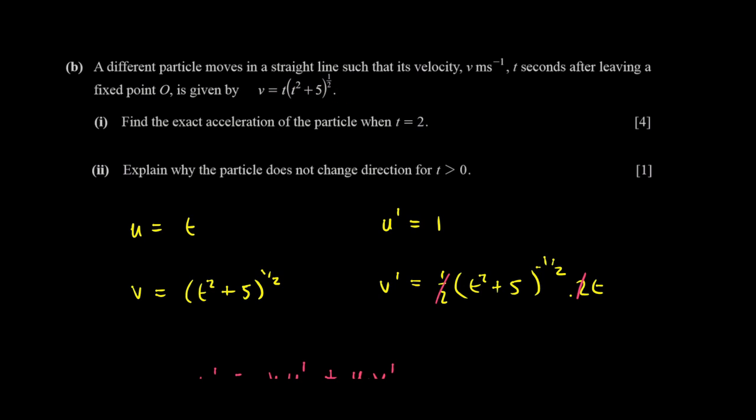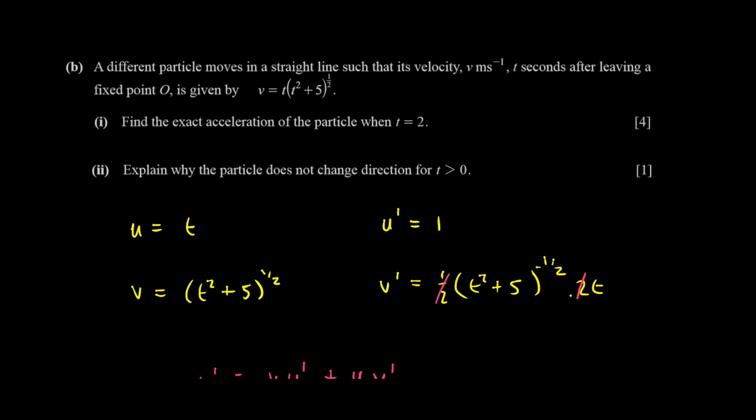But once t is just some positive number, then this is a positive number there. t squared plus 5 will be a positive number, and then you square root it, you'll get another positive number. So you've got a positive times a positive. That's always going to be a positive. It's never, ever going to be 0. And so therefore, we know that since the velocity will always be positive, it will never be 0, the particle is never going to change direction.